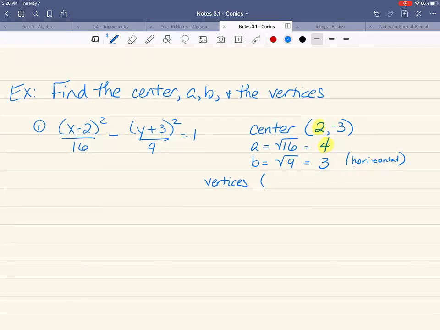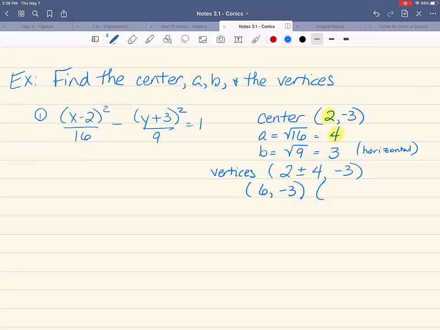So we're going to write it as 2 plus or minus 4 comma negative 3. The negative 3 does not change. So that means we go 4 to the right and 4 to the left to find our two vertices. So this comes out to be 2 plus 4 is 6, negative 3. 2 minus 4 is negative 2, negative 3. And there are our two vertices.